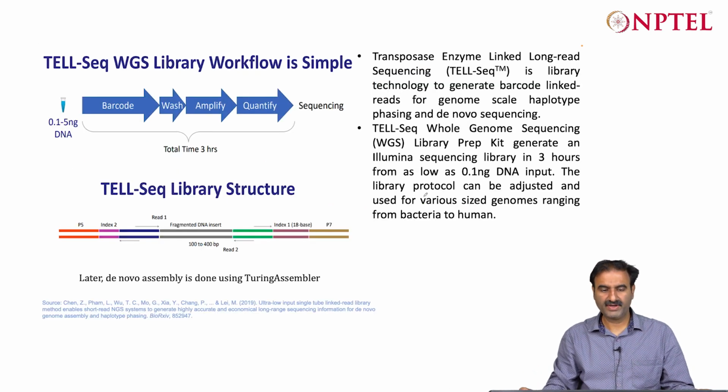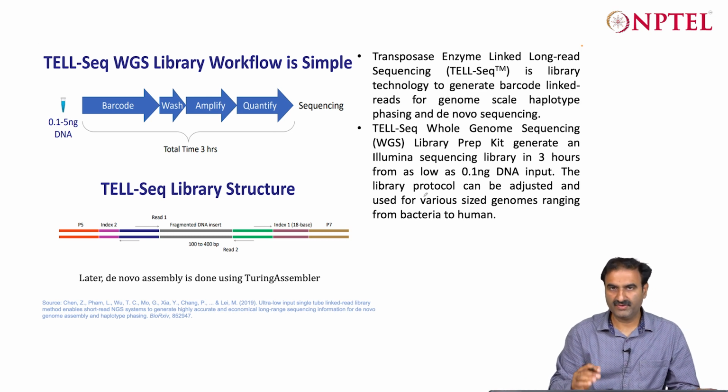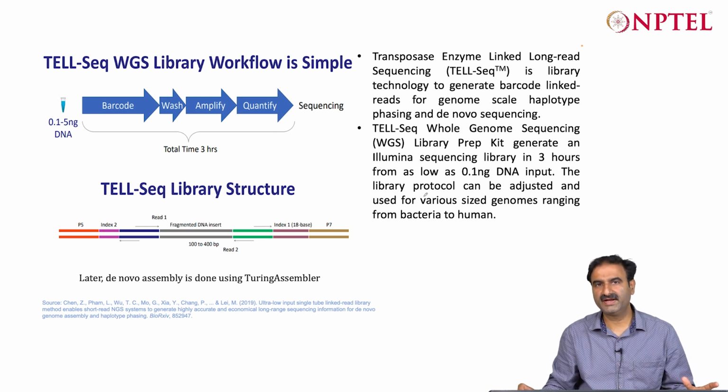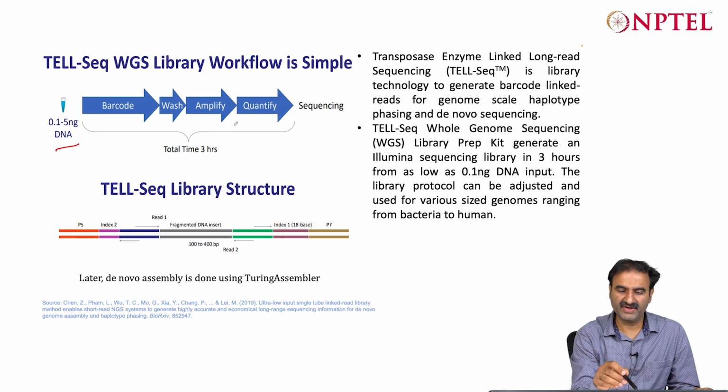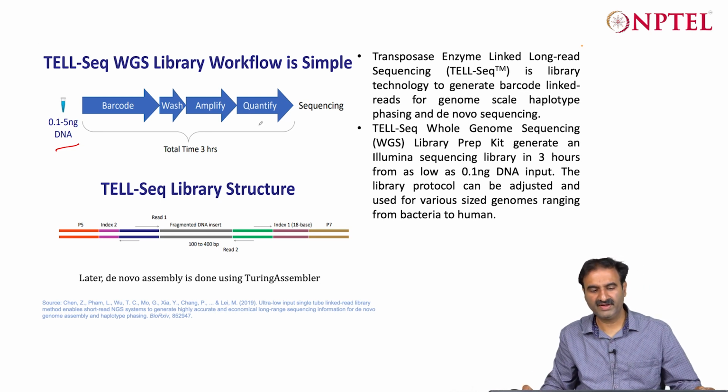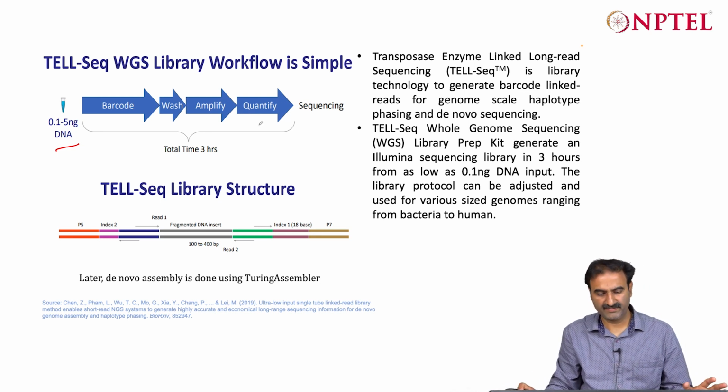The strength of this linked read technology, although the principle is similar to other linked read technologies, is that it can work with ultra low quantities of DNA. You have a very low amount, 0.1 to 5 nanogram of DNA, you just barcode it, then amplify and go for sequencing. Within 3 hours you will get the data.